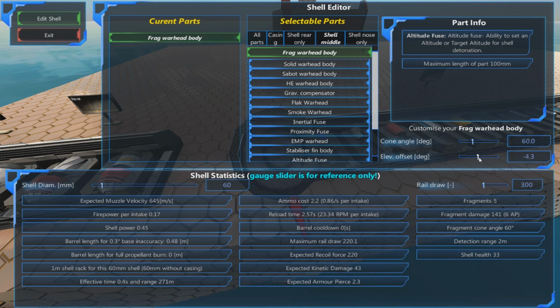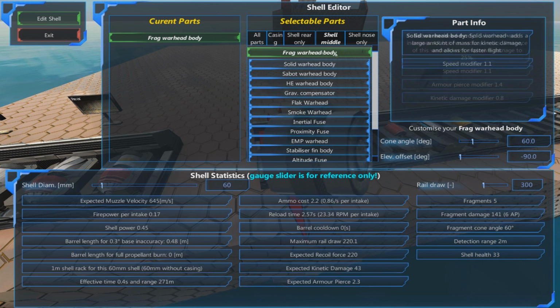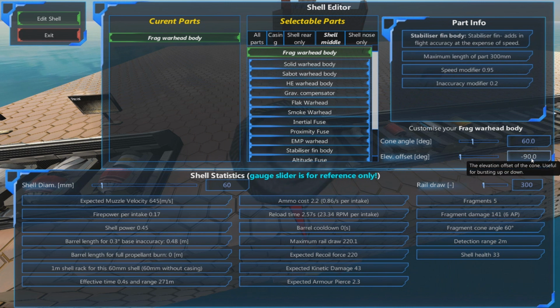And this is what this is. So you can have it so that when the shell is fired, it sprays all its fragments straight down. I've never used this, so I don't know how useful this is, but I am led to believe that if you rig this up right, and do cunning things with other shell components, you can have a shell that basically repeatedly just sprays the deck of a ship with fragments.